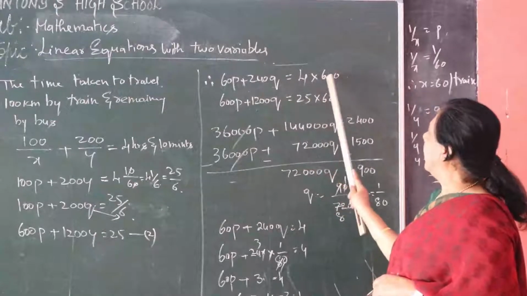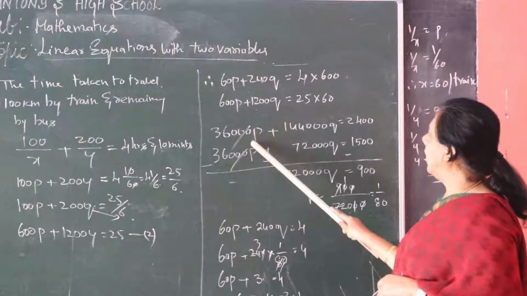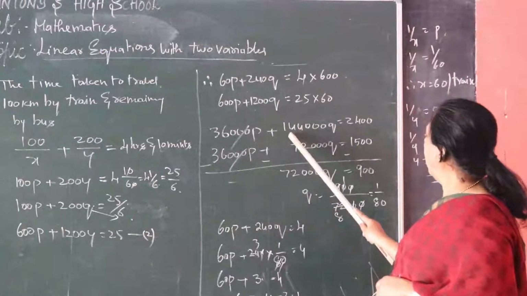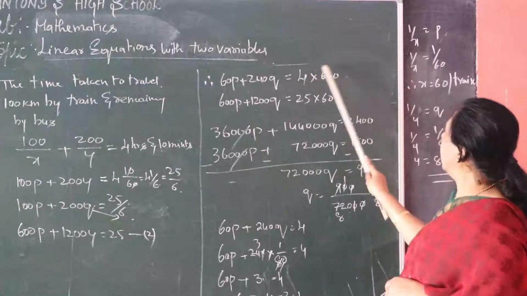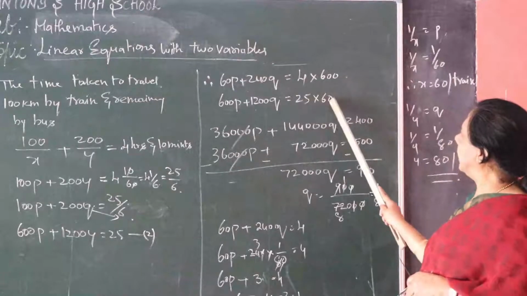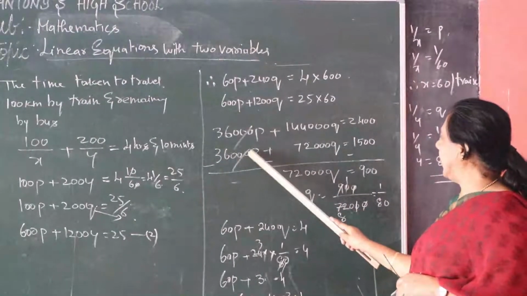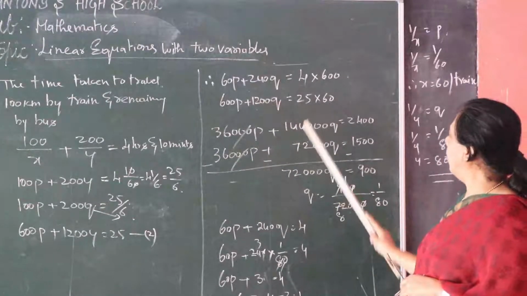You multiply 600 into 60, 36,000p; 240 into 600, 1,44,000q is equal to 600 into 4, 2,400.